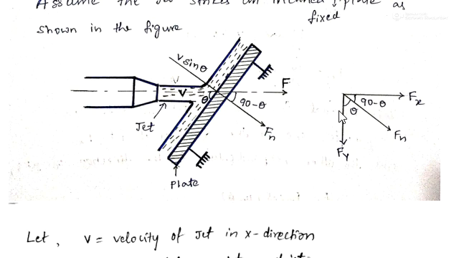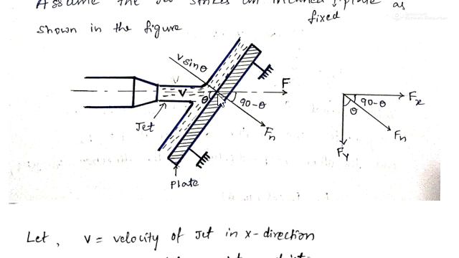If you draw a line diagram, this Fn can be resolved into two components, along the x direction, that is Fx, and perpendicular to the x direction, that is Fy. So if you see here, this is the x direction, and this is the Fn. So this is 90 minus theta.